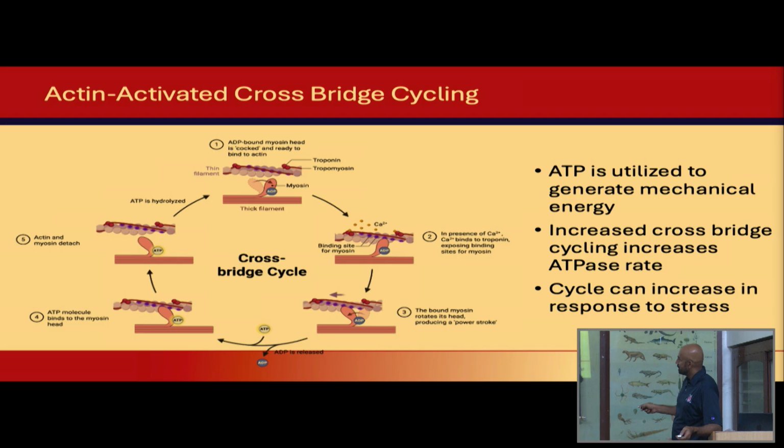As a result, the power stroke is formed, and then ATP binds, there is hydrolysis, and it releases the ADP. So it's a circle, every beat we do in the heart. If there is any change in this cycle, in the amount of ATP or the amount of calcium, that can alter cardiac function.